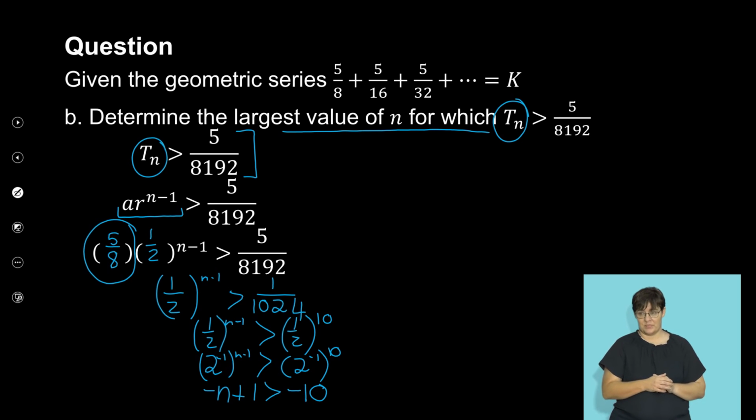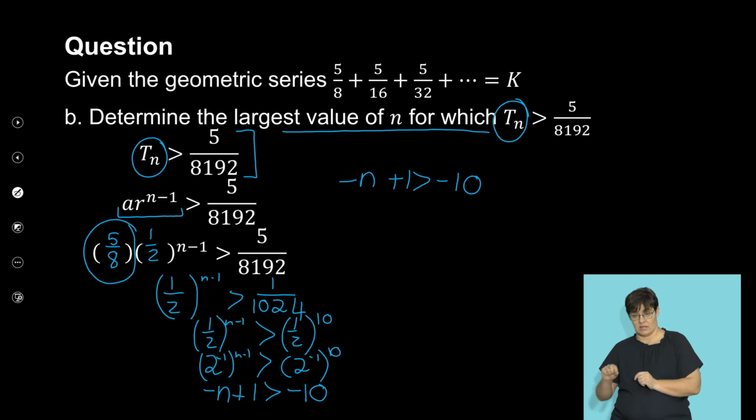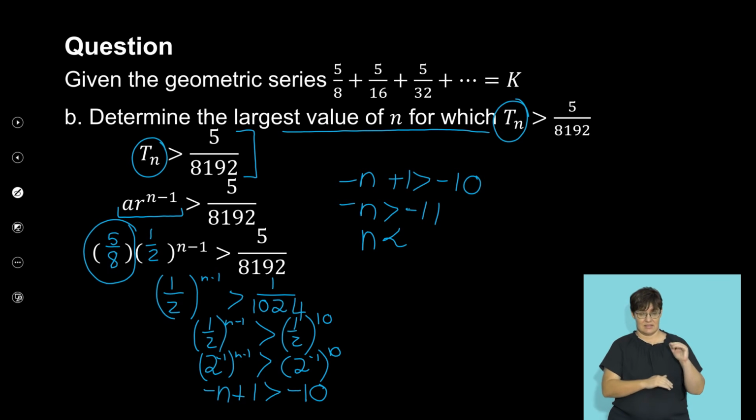Now solving for negative n plus 1 is greater than negative 10, I'm going to take my 1 over to the right-hand side, so it will be negative n is greater than negative 11, but I have to divide by negative 1. So it's going to be when n is less than 11.